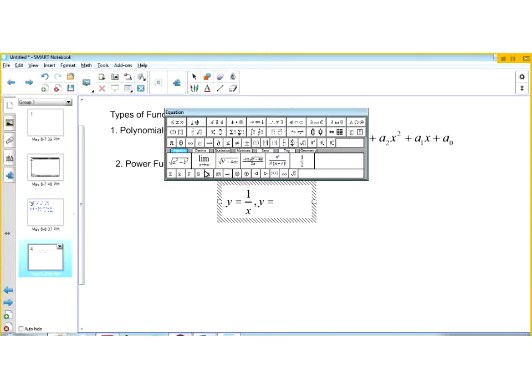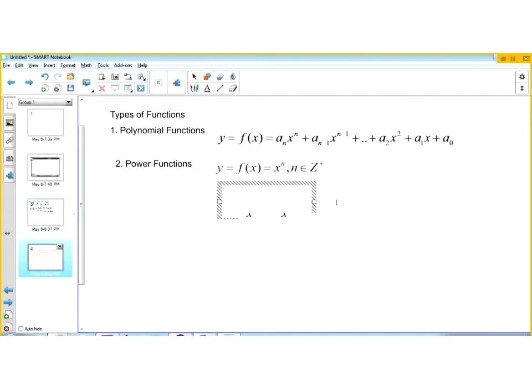Or y could equal 1 over x to the n power. So these are examples of power functions.